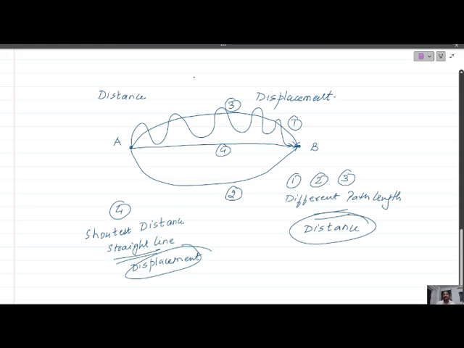So what is a distance? A distance is the total length of the path that you're covering. What is displacement?